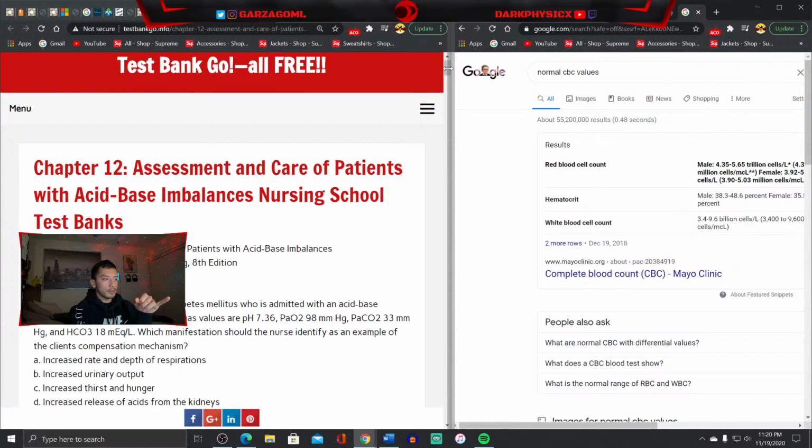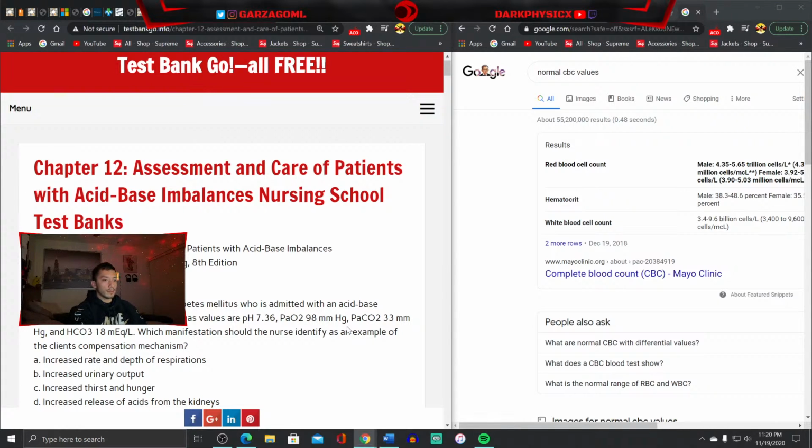But since that bicarb is very low, and the CO2 is actually alkaline, it seems like there's a problem with the kidneys, and since we're pretty close to being acidic in terms of pH, they're going to have metabolic acidosis. So in compensation, it's going to be respiratory alkalosis. So increased rate and depth of respirations for sure.